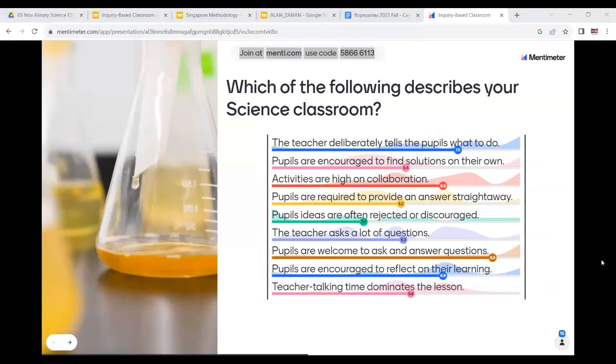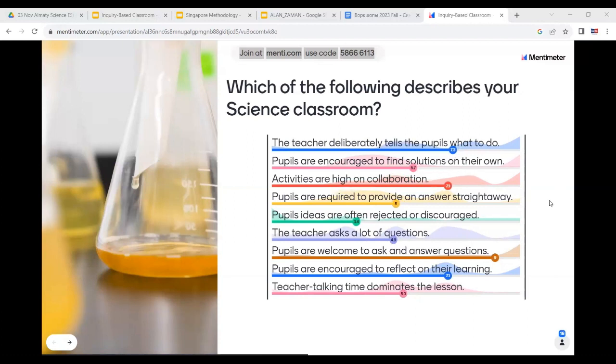You can use it to create surveys and quizzes. First, it was like the word cloud. Okay, I think we're done with this part.